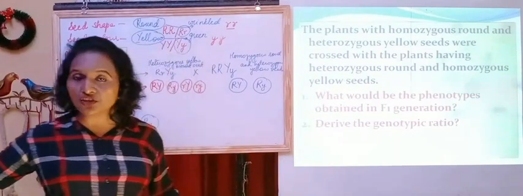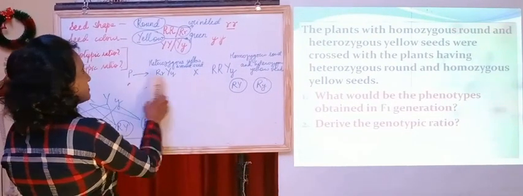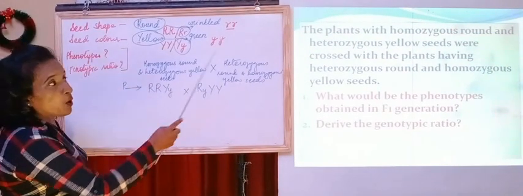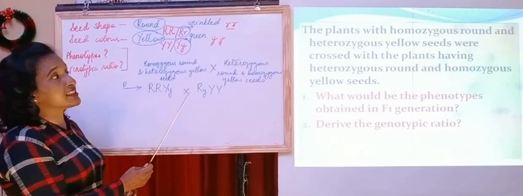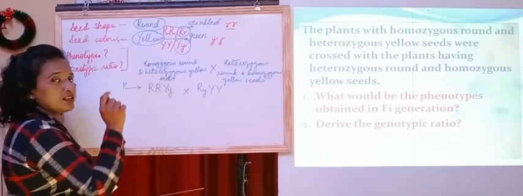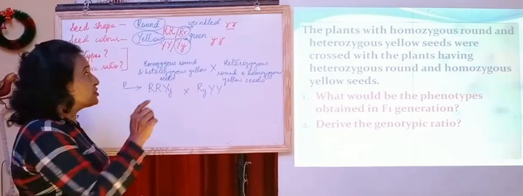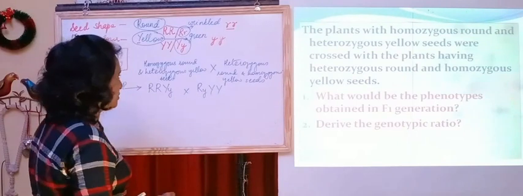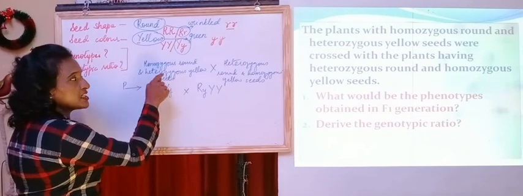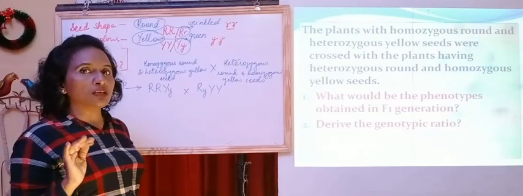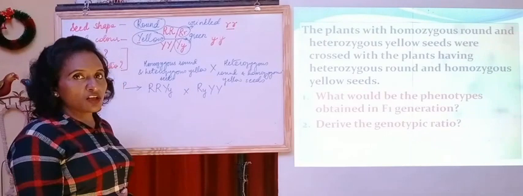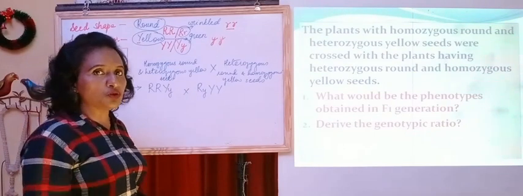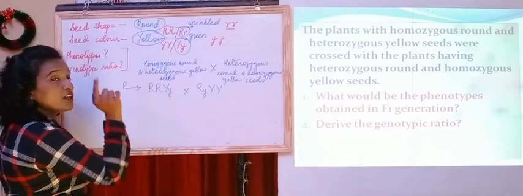So I'll write down on the board. So it is given that there is homozygous round and heterozygous yellow seeds. So a very important part that we should remember is whether it is homozygous or heterozygous, as mentioned in the problem. Okay, because if you make any mistake here, then the full problem will be wrong. The answer you get will be completely different from the original one which we were supposed to get. So we have to see what exactly is being asked.